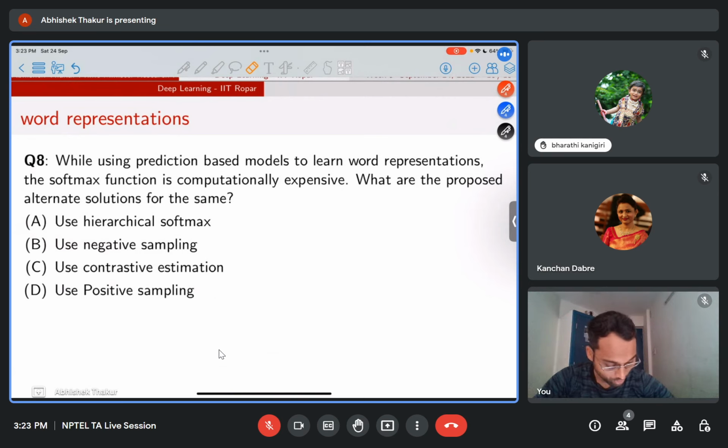While using a prediction-based model to learn word representations, the softmax function is computationally expensive. What are the proposed alternate solutions for the same?